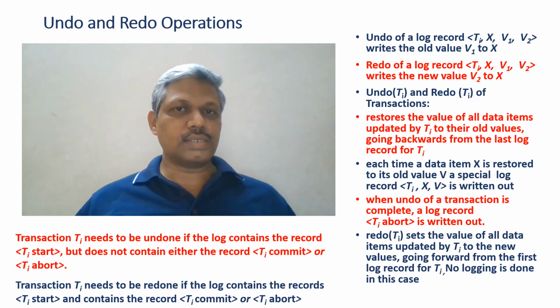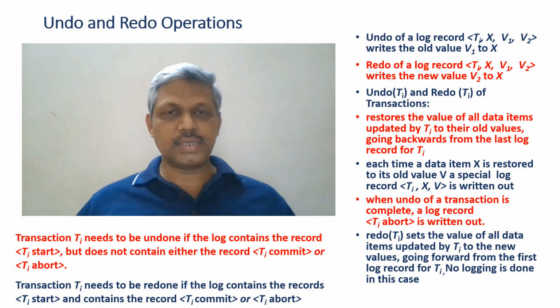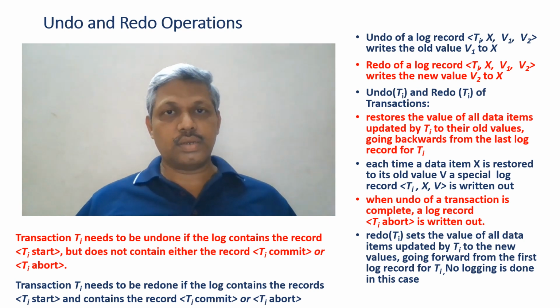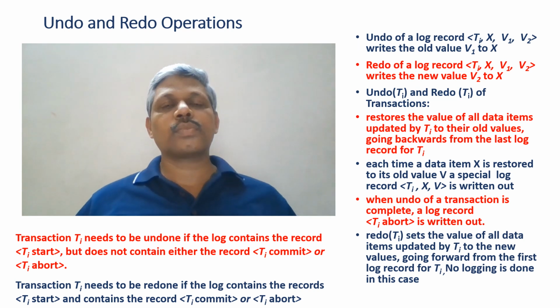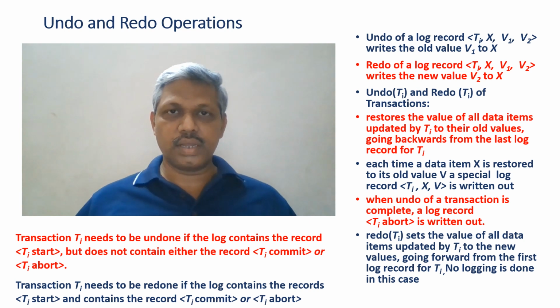Whereas if <Ti start> is there and <Ti commit> or <Ti abort> is there, then we need to redo the actions. You may wonder, if <Ti abort> is there, why do we need to redo it? With <Ti abort>, we don't know whether it is because of the regular action or because of actions done by the recovery algorithm. So maybe it was written during the undo actions of earlier transactions or earlier recovery processes.